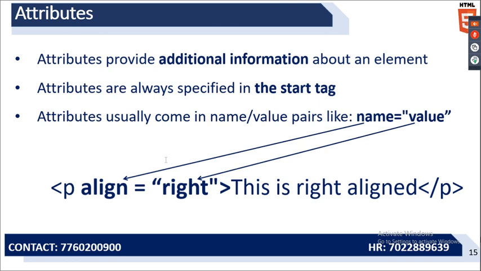Amir Hamza, wait, I will show you. Same thing. If we have only one tag, we have to pass the attribute inside that tag only, right? Or will you pass it outside the tag? How would it be applicable for an unpaired tag?